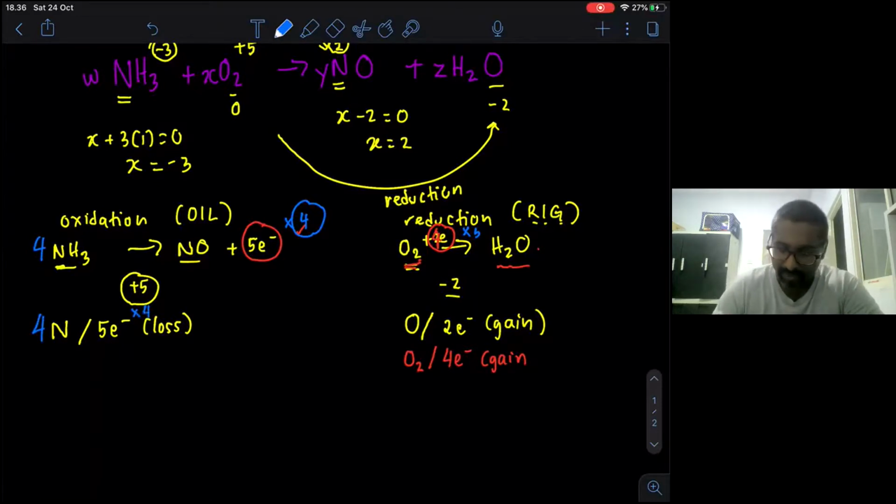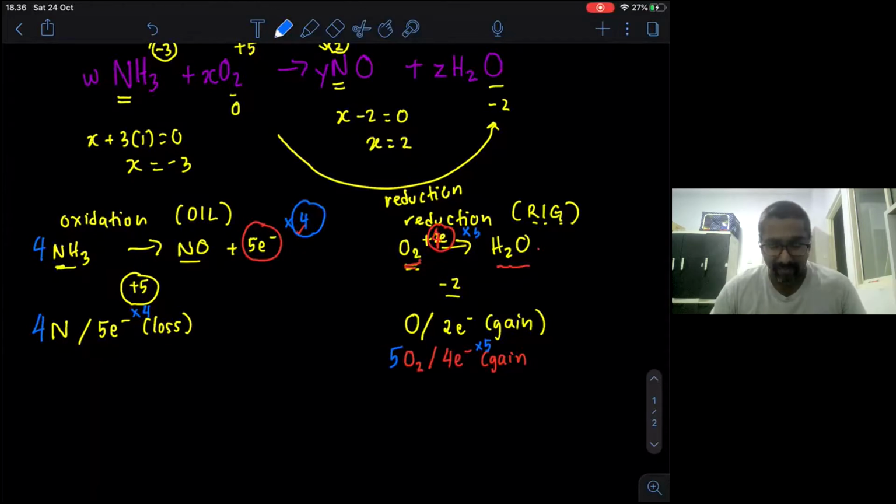And I am going to times the reduction reaction by 5, also because I need 20 electrons. So the electrons will cancel.